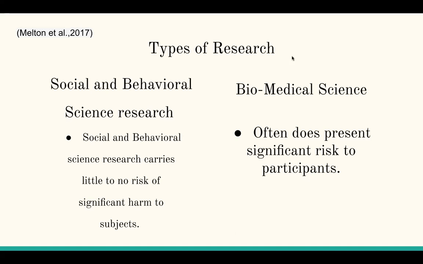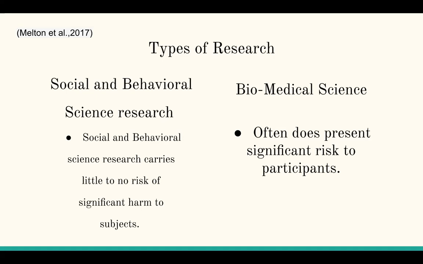So there are two different types of research. As stated in Melton's book, there's social and behavioral science research, which carries little to no risk of significant harm to subjects, and biomedical science research, which often does present significant risk to patients.